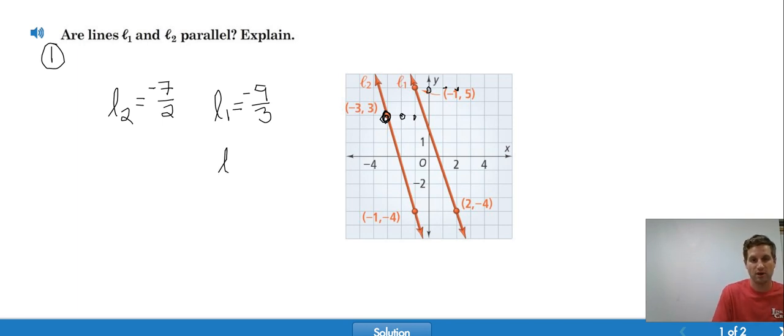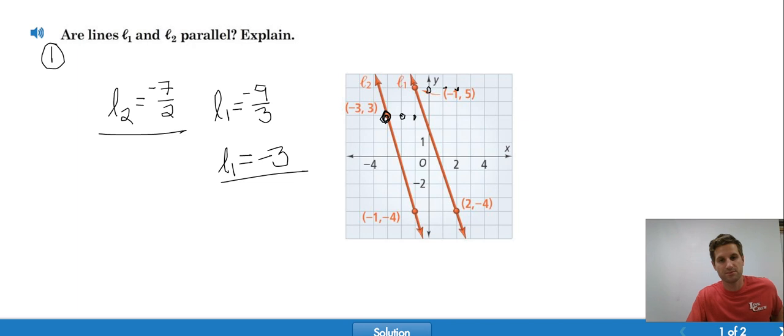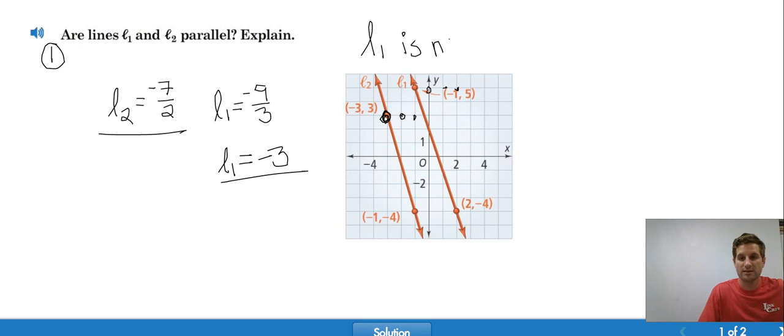This one can become -3. But these two slopes are not the same, so not parallel. So line 1 is not parallel to line 2 because they don't have the same slope. If they had the same slope, we'd be good, but we don't.